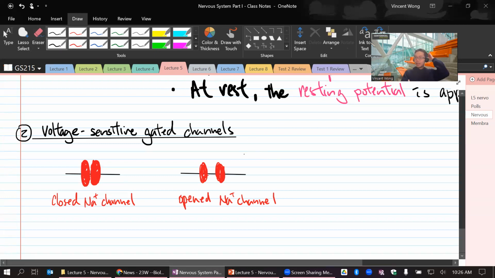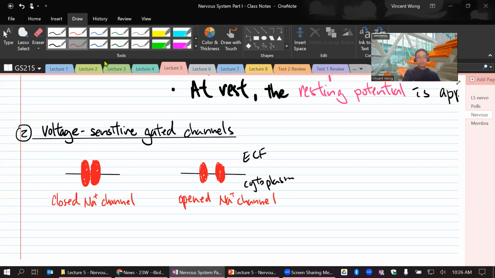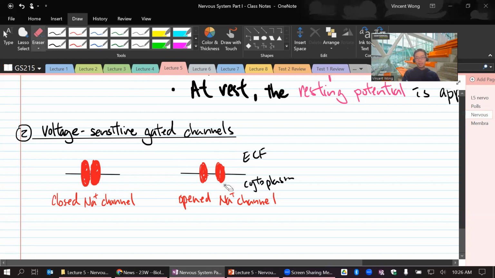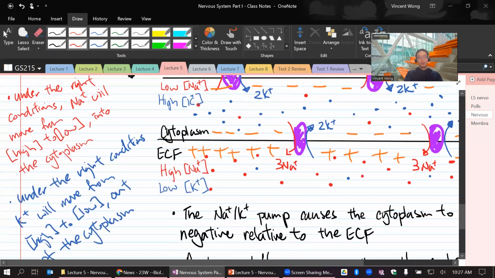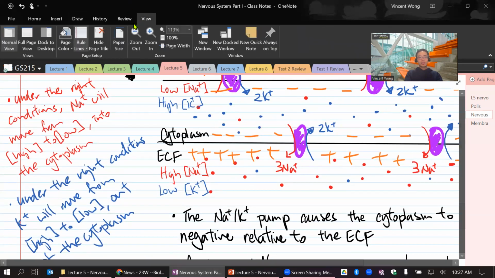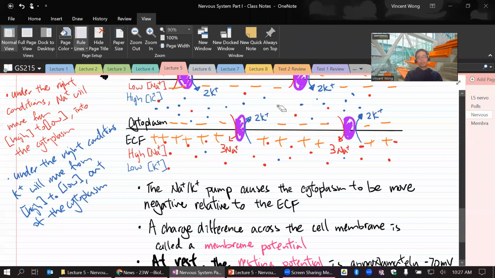So if this is the ECF and this is the cytoplasm, which way is sodium gonna move when you open the door? Into the cytoplasm or out? We talked about this earlier. Hopefully your answer is that they're gonna come into the cytoplasm, because you have so many red dots on the outside, and then very little on the inside.